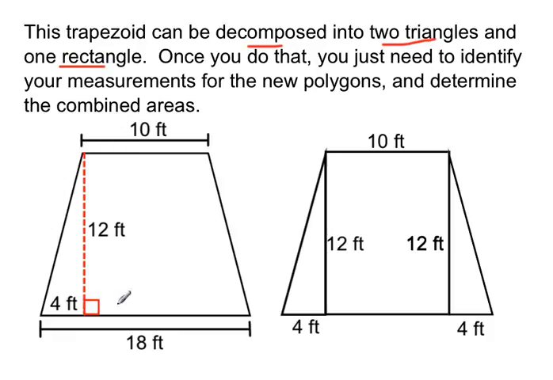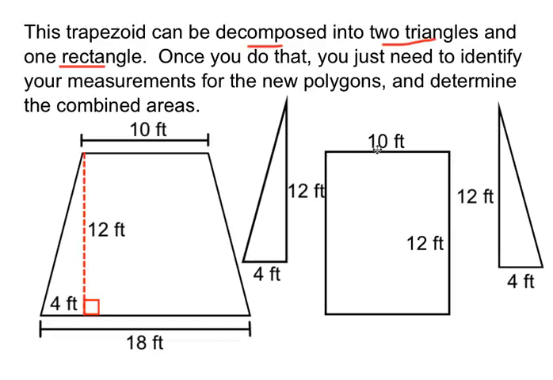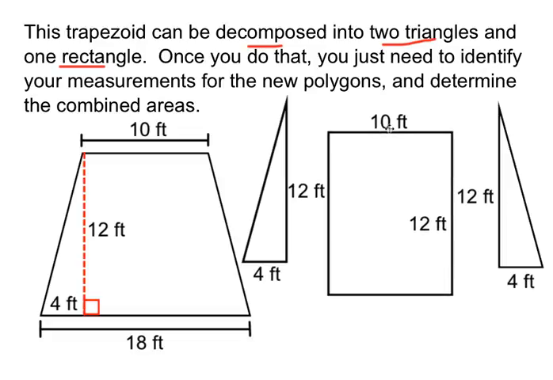So here's our original trapezoid. When we look at a trapezoid, we want to see in it different shapes that are easier to work with, such as two triangles and one rectangle.